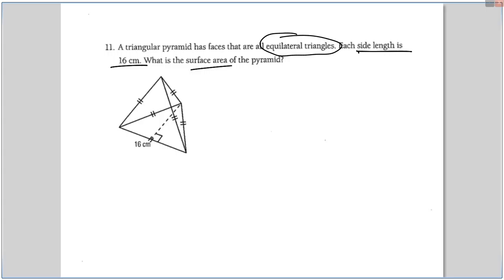So what kind of formula would you use for this one? Is it on your formula sheet? This one's not on your formula sheet. So now you gotta think. So what is surface area, guys? Surface area is just a sum, adding them all up, the sum of all 2D faces.